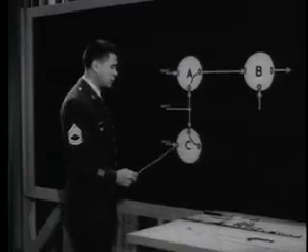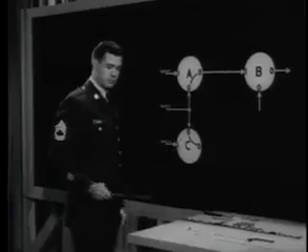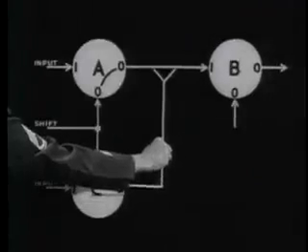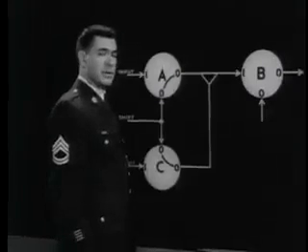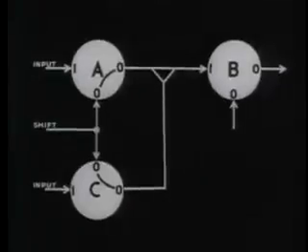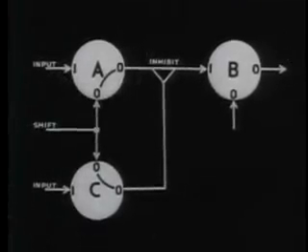If core C is at 1, the shift pulse will clear it back to 0, and the change in flux will, of course, produce an output. But this output from C serves a special purpose. Whenever it occurs, it will prevent or inhibit the flow of current from core A to core B. And this action gives the loop its name, the inhibit transfer loop.